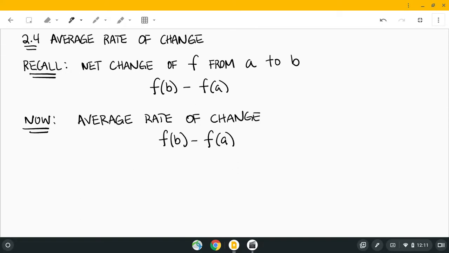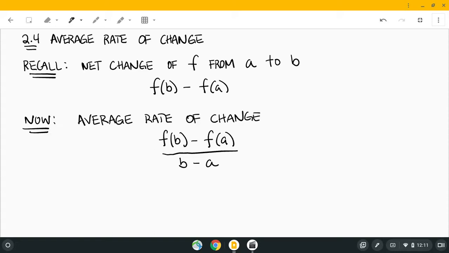But since we're talking about a rate of change, we're going to look at that change that happens over, usually, some time period or something like that. Over b minus a. So you might recognize this as the slope.